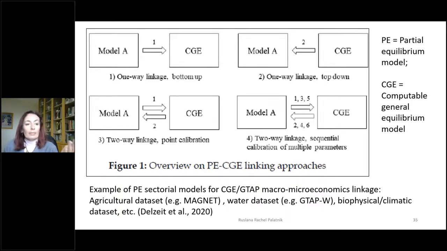Each of those possibilities has advantages and disadvantages. Of course, a two-way linkage looks more productive or more accurate, but sometimes the models do not speak the same language, so we cannot simply iterate between them.